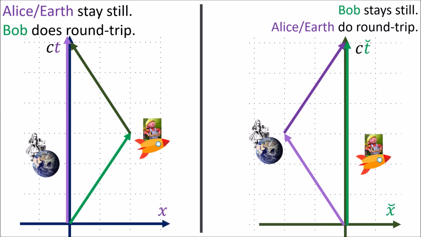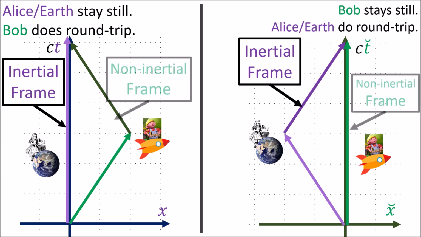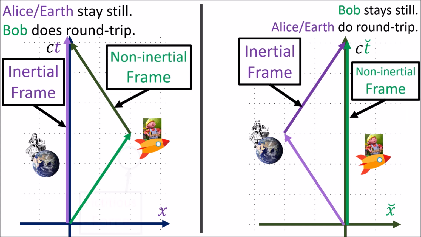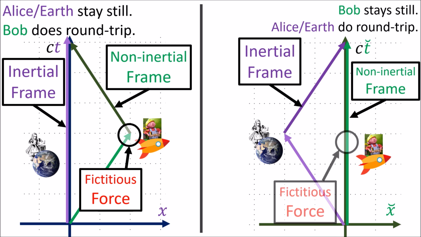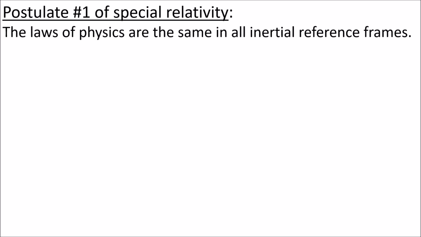If we assume Alice's world line is inertial, then Bob's world line is non-inertial, because he will experience a fictitious force when he changes direction. This makes Bob's world line fundamentally different than Alice's inertial world line. Recall that the first postulate of special relativity says that the laws of physics are the same in all inertial reference frames.